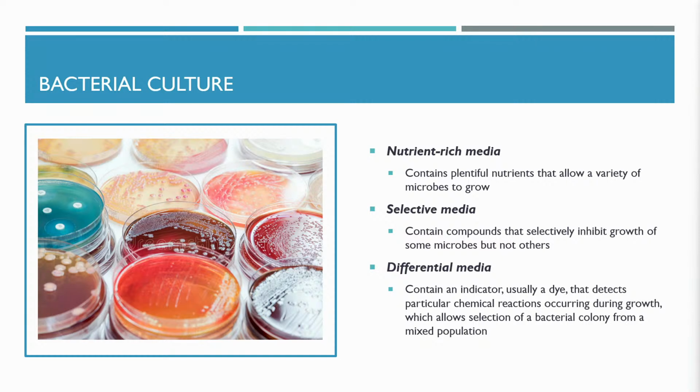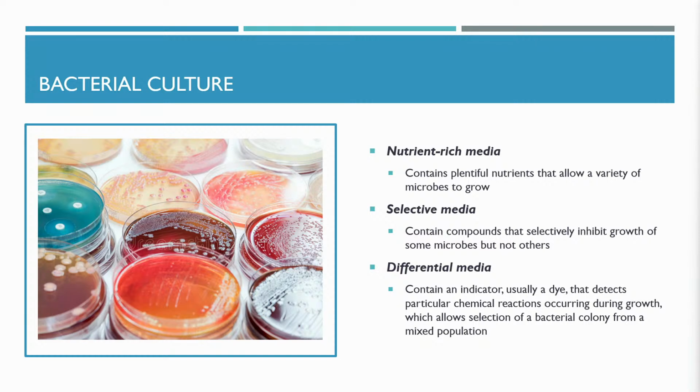So this right here is an EMB plate. And so they are known for this magenta color, and you'll see them tomorrow. And so this magenta color basically is that dye that is put into the EMB plate.